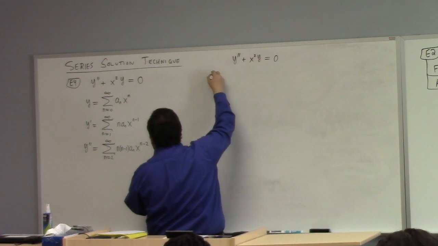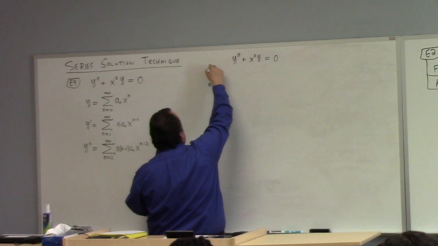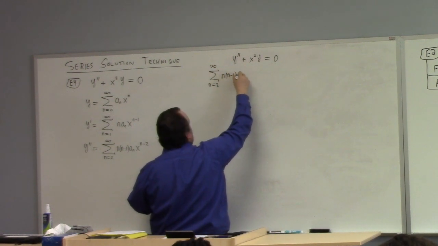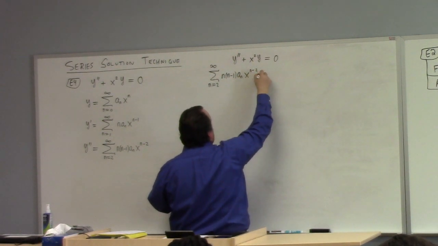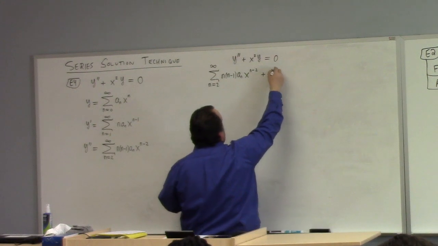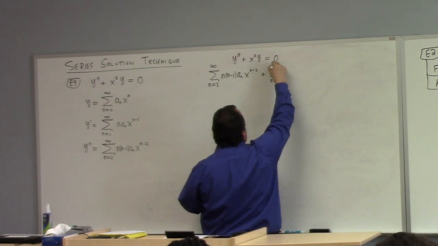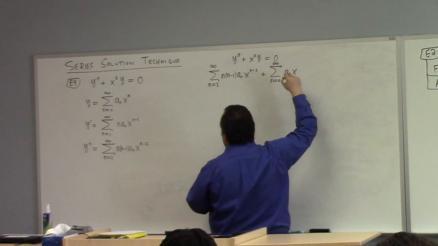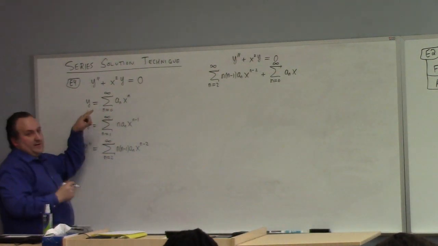So we've got the sum n equals 2 to infinity of n times n minus 1 times a sub n x to the power n minus 2 plus the sum, and I'm going to make a little bit of an algebra step right here, n equals 0 to infinity of a sub n x to the what? What happens when I multiply my solution by x squared? How does that work?